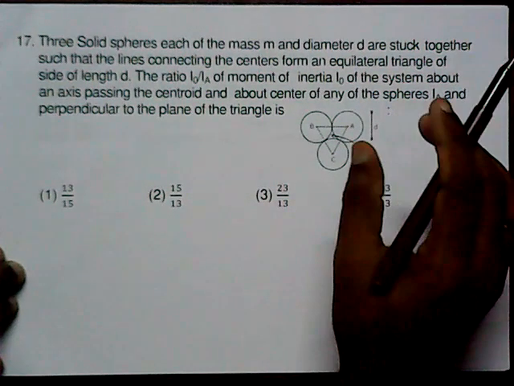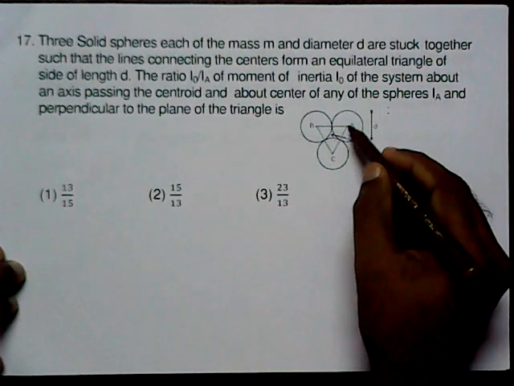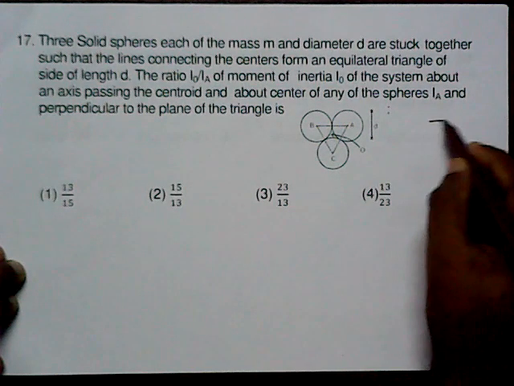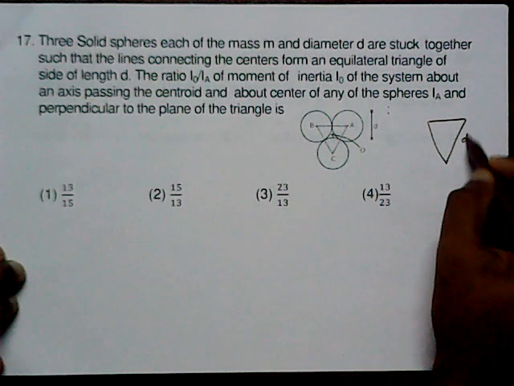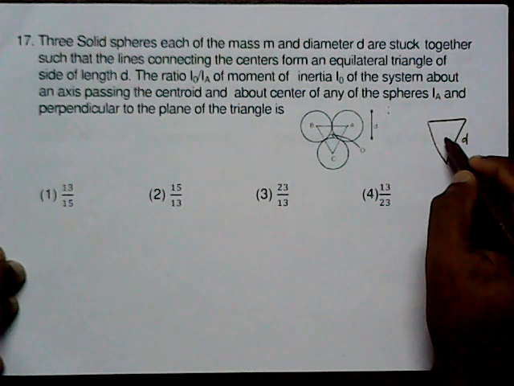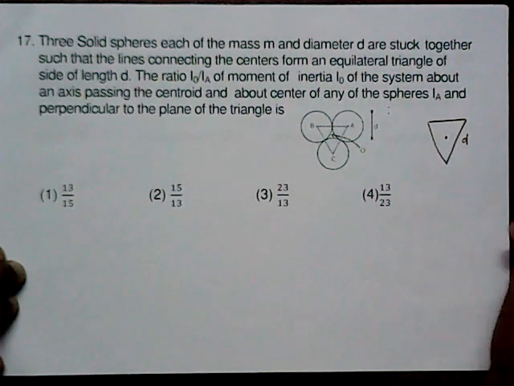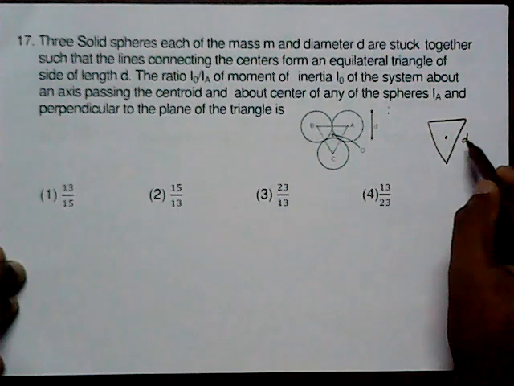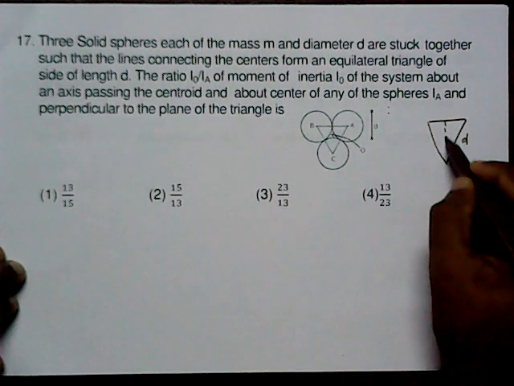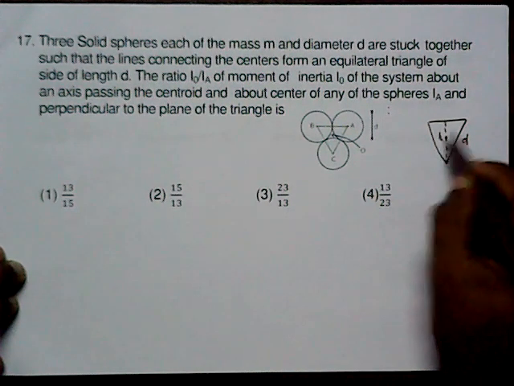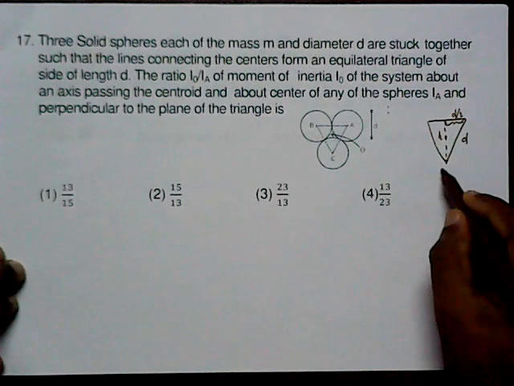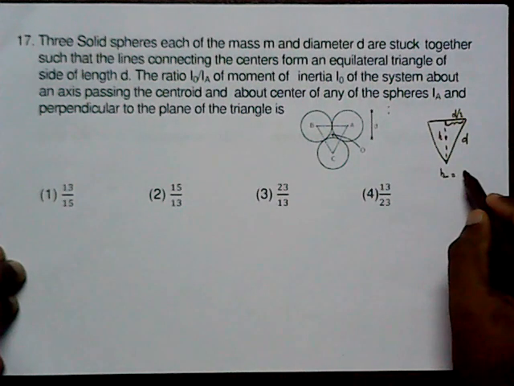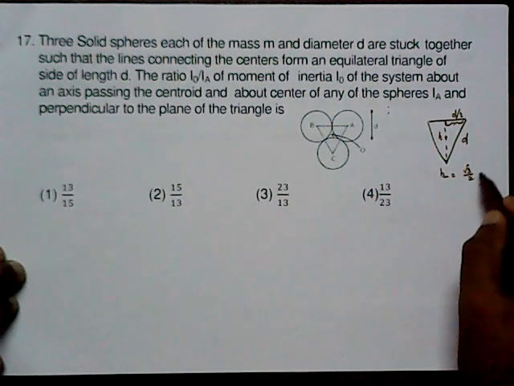So at first, this is the triangle under consideration, with side d. And at first we have to find the centroid here. If the side is d, comfortably you know this is the altitude and this half is d by 2. So h is simply equal to root 3 by 2 d.